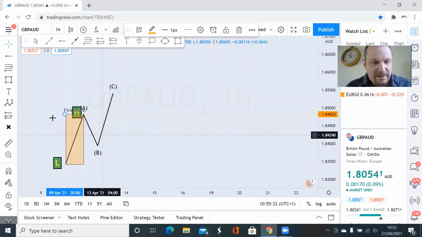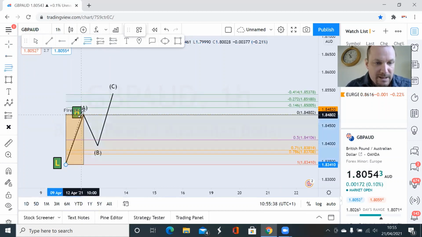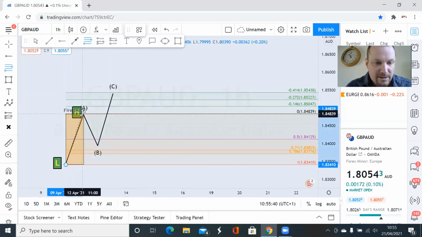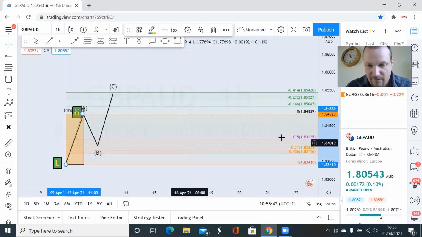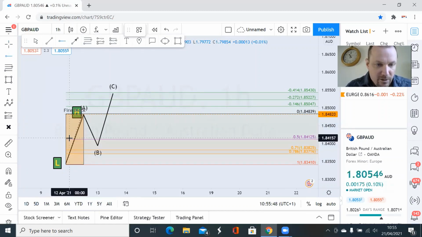Something I've been testing. Now, what I would normally do is draw a fib. Take no notice of the fibs at this stage. The only one I'm interested in is this area here, the 0.5. So what I would be interested in is marking that area up.